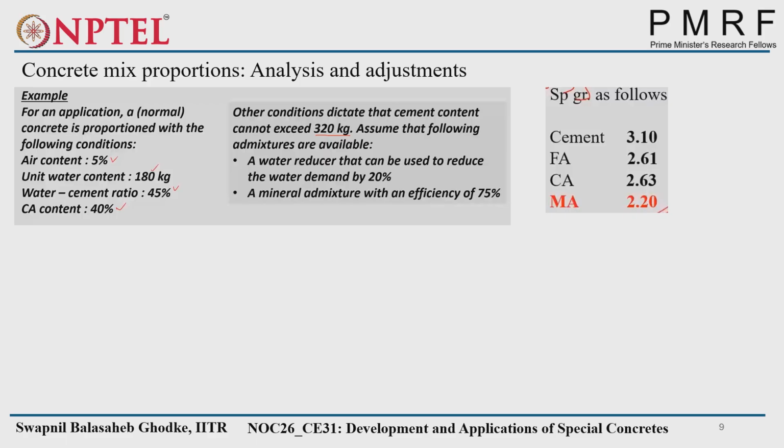Convert all things into liter and then see how much fine aggregate is coming. 50 liter is the air. 144 liter is the water. Cement, how much in liter? How much cement will come in liter? 103.22. Okay. And coarse aggregate content is already 400 liter. So how much fine aggregate content now?